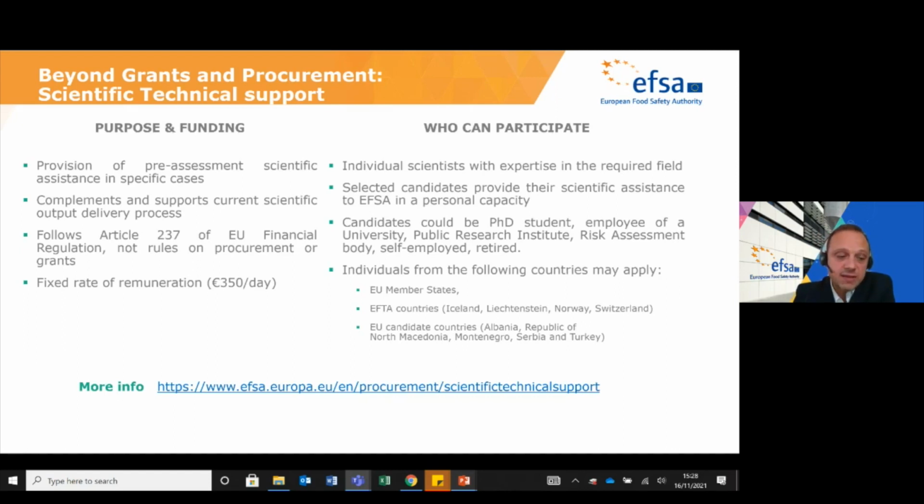Application in this case is submitted via the EFSA career page. So this is not going through the grant or procurement channel. It's going through the section in the EFSA website where EFSA recruits staff, and there is also a specific section on recruitment of scientific technical support.